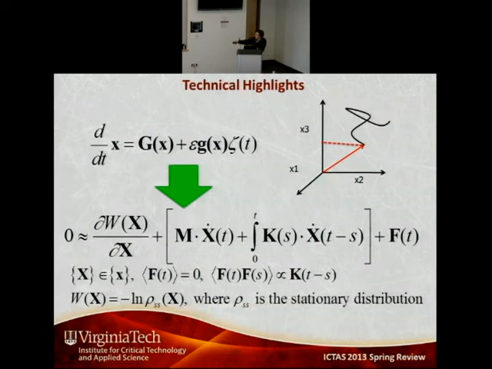Then you end up with this equation of motion, in which W is related to a stationary distribution, and M and K is the memory kernel, taking into account the interaction between your primary degrees of freedom and the remaining degrees of freedom. Then you have a random noise which relates to the memory kernel through this fluctuation-dissipation relation, first noticed by Einstein in a simple special case. Okay, so this is the math.